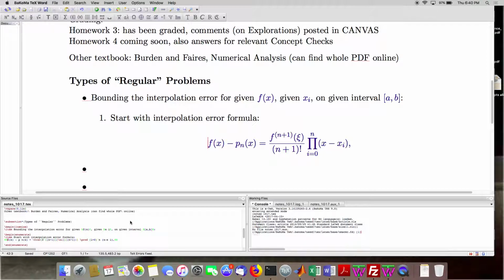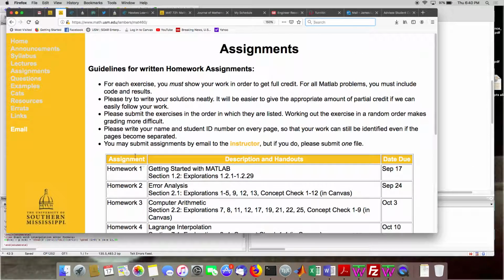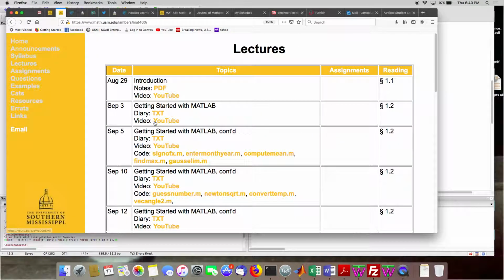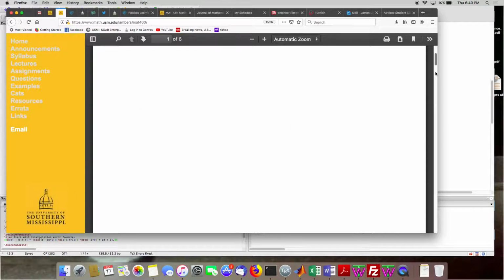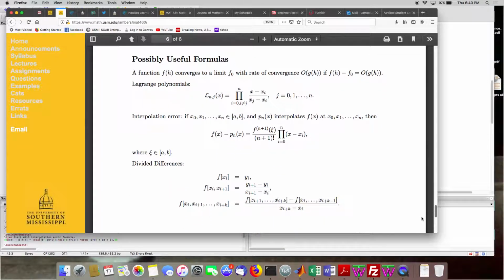I did talk about that, but it might not have filtered its way down here. It was something I discussed in class, that if you look at the practice test, you'll see it there. I didn't know we were going to have that on the test. Yes, what you see here, you will have in front of you. So this is your starting point.